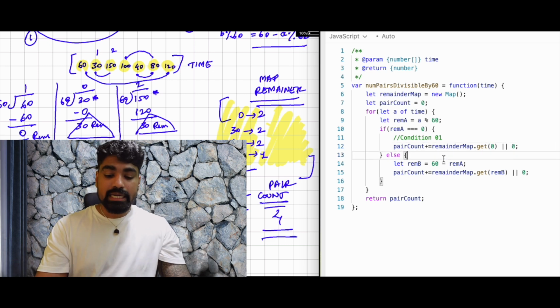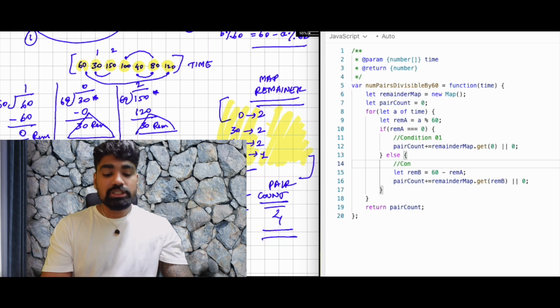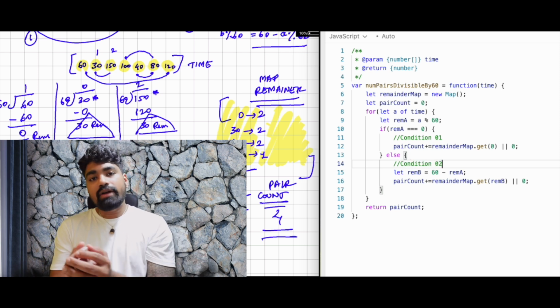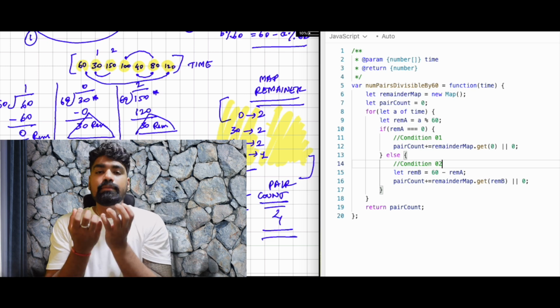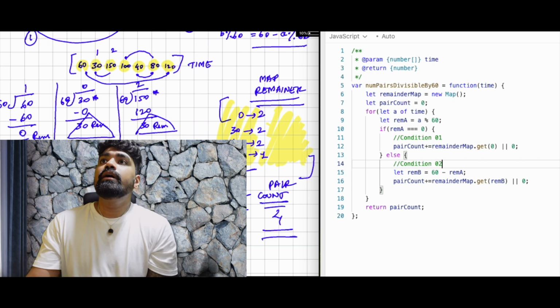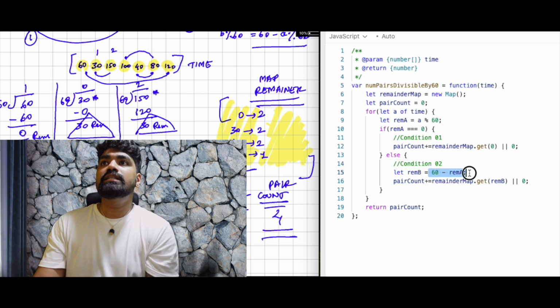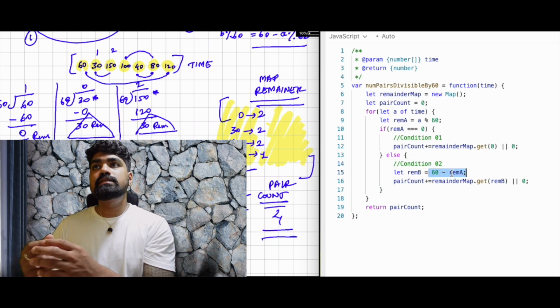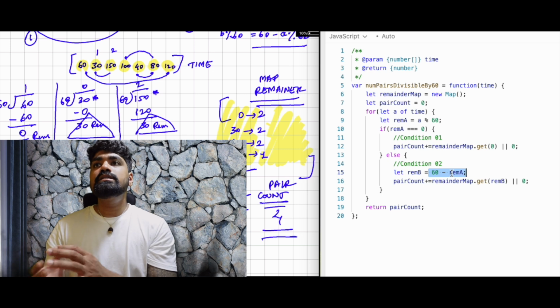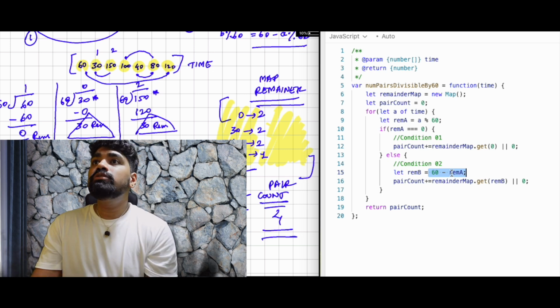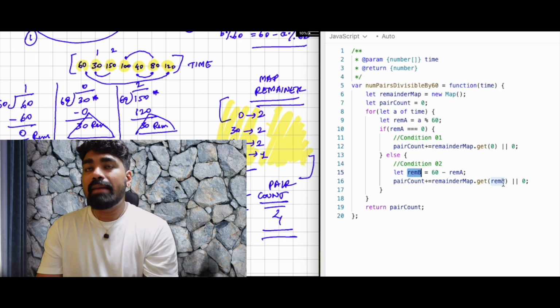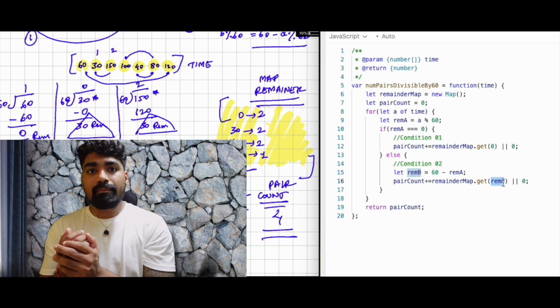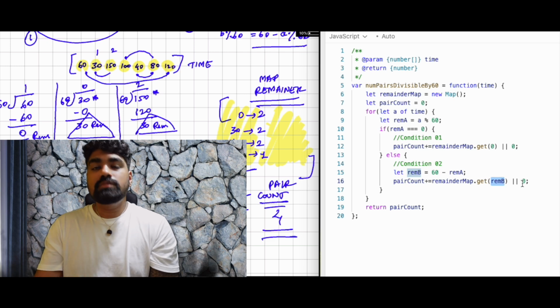Then condition 2 says that if you find a remainder that is a non-zero value, then try to find a b that is going to complement your a. This is the representation that says 60 minus the remainder of a is going to give you a remainder of b. Then you try to find that remainder of b value in the map. If you don't have it in the map, you just default to 0.